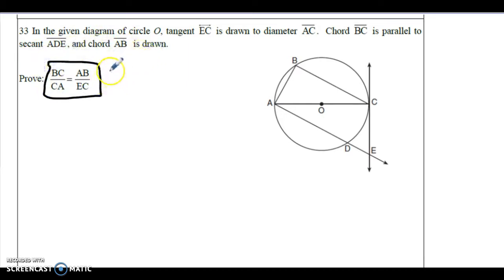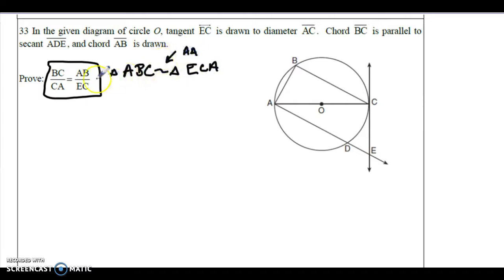So first I'm going to try to show that triangle ABC is similar to triangle ECA. And we prove that triangles are similar by using angle.